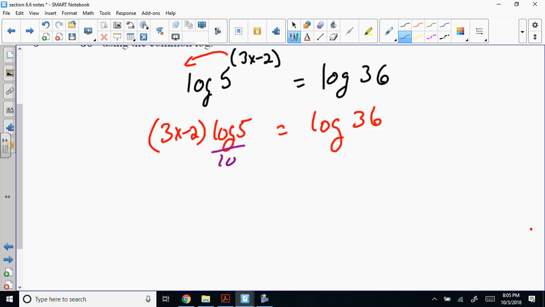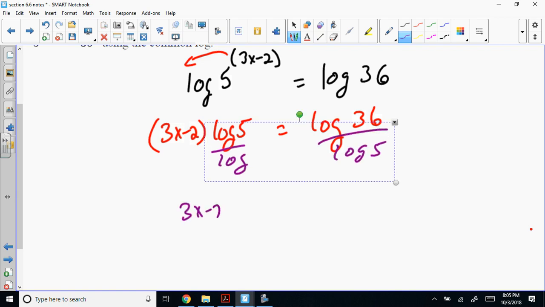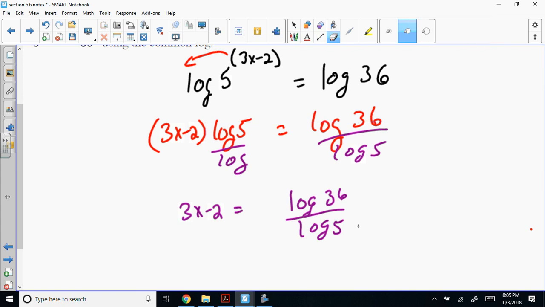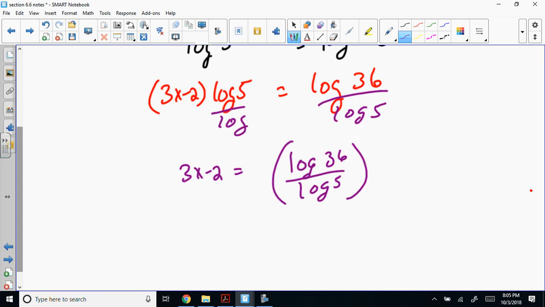So, okay, we'll divide by log 5, right? So that leaves me 3x minus 2 equals log of 36 divided by log of 5. Uh-oh, I can't write that down there. That's bad. Now, I've got to turn around and add 2 to that.